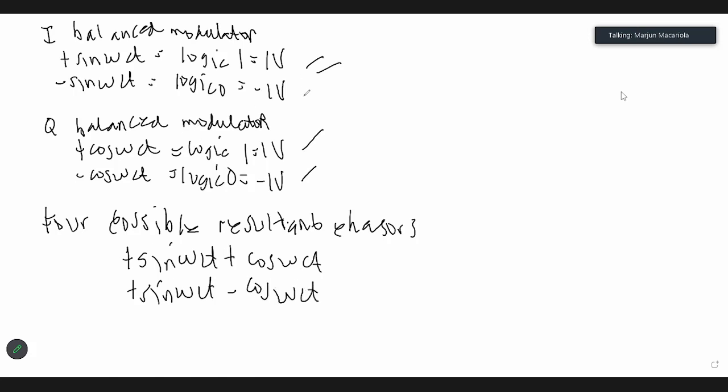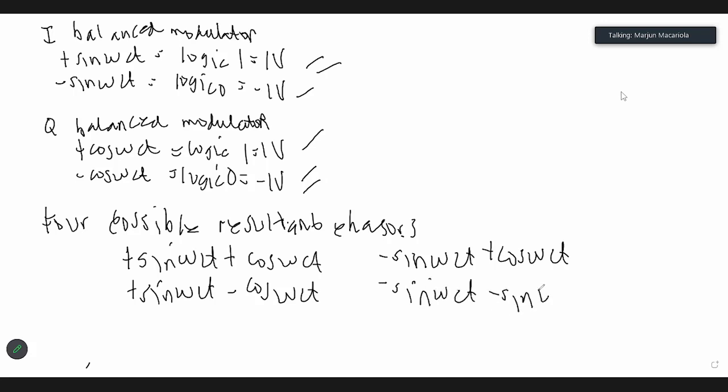Okay? So what if naman negative? So this will be equal to negative sine omega ct plus cosine omega ct. Okay, what if naman both negative, so this will be equal to negative sine omega ct minus cosine omega ct. Okay? Nakakasabay pa? Na-gets? So, itong apat na ito yung output ng linear summer.